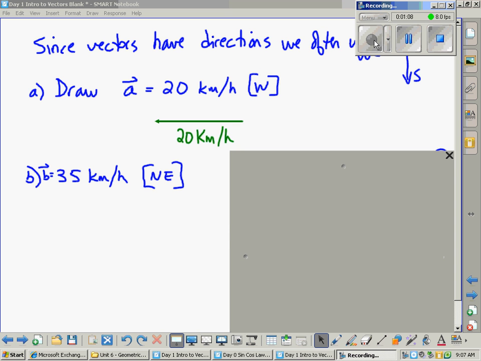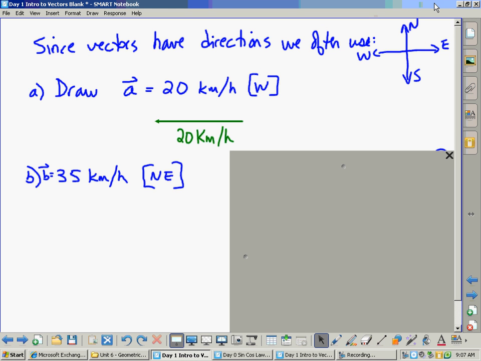In the second example, I've asked you to draw vector B, and vector B is 35 kilometers an hour northeast. Well, if we look back at our directions, northeast means exactly halfway between north and east.